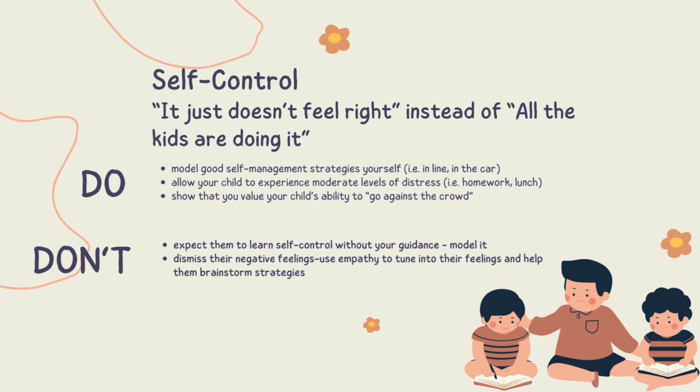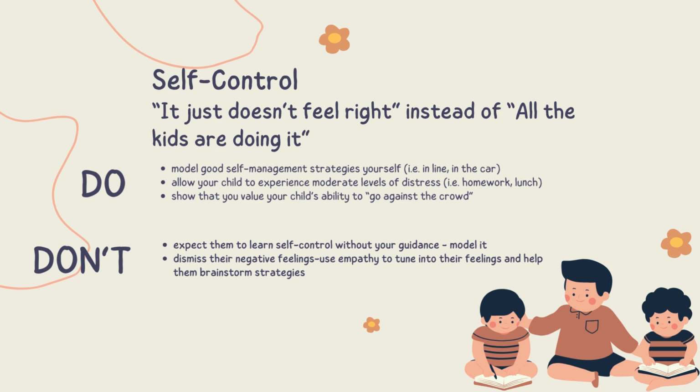You also want to show that you value their ability to go against a crowd. An example that comes to mind is a kid in a household where iPhones and social media are not allowed, right? But that's a common thing, especially as they get into secondary, that lots of kids have these things.